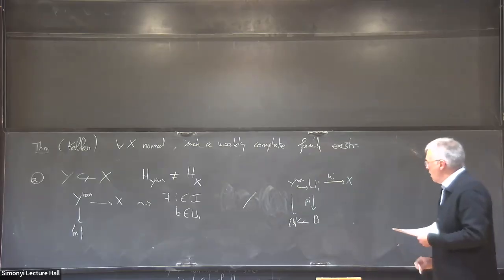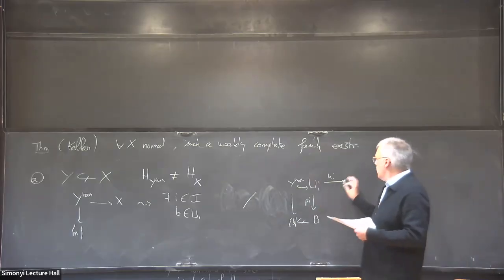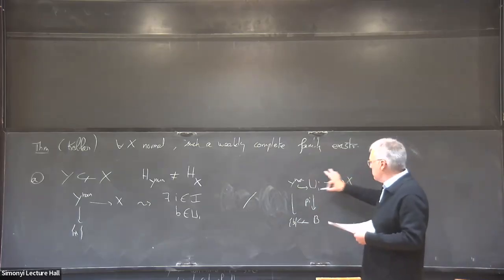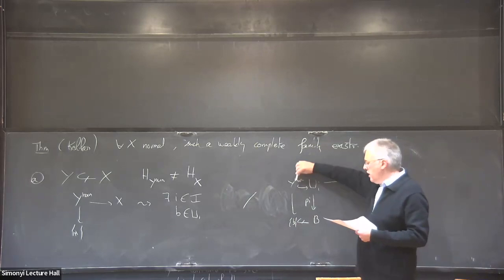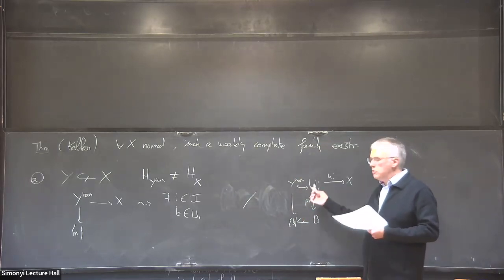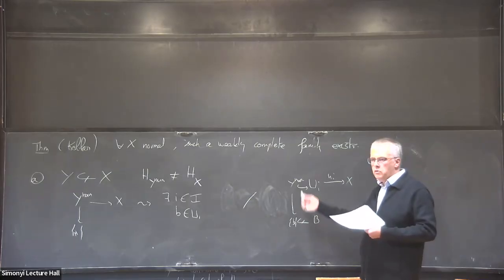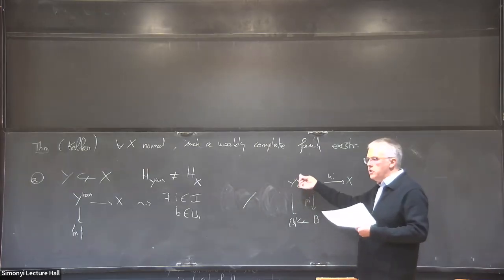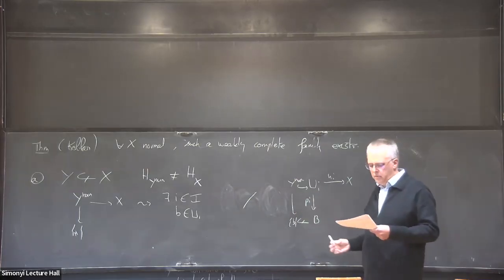Yeah. All right, so now what I'm saying is that when I put back my local system on X to the full family, then on that fiber, the monodromy drops. But now this is a topologically locally trivial fibration. So the monodromy drops and is exactly the same as the one on that fiber on all other fibers.